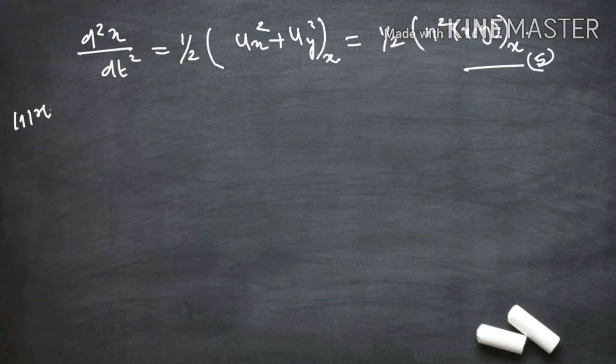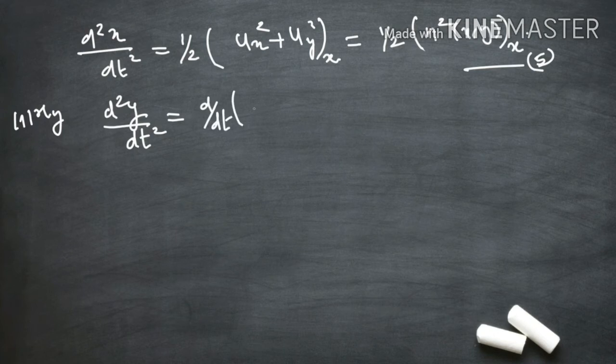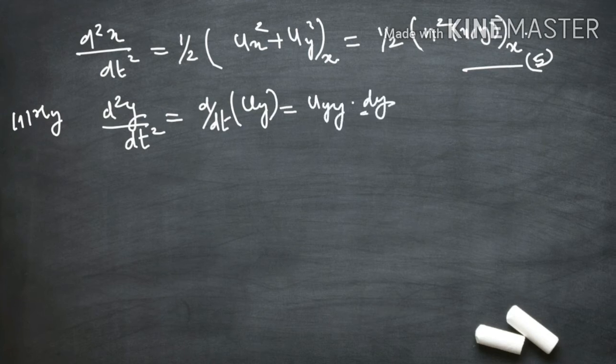Similarly, we can write d square y by dt square is equal to d by dt of uy. So this will be equal to uyy into dy by dt plus uxy into dx by dt.